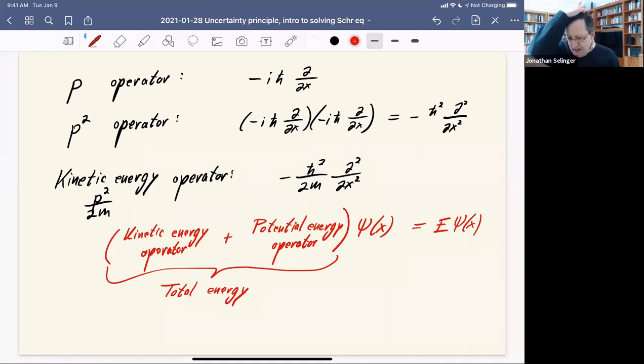And then, if you've gone on in classical mechanics beyond university physics, you may have learned about some more advanced concepts with energy, right? And you know that the total energy, or the kinetic plus the potential, that's called the Hamiltonian, right? Is that word familiar to some of you? As a Hamiltonian operator, you may have seen in classical mechanics classes.